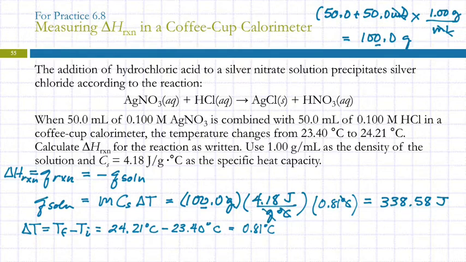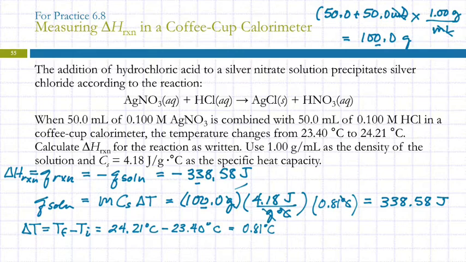So that is the amount of energy released, because this was absorbed by the solution, so that's the amount of energy released by the reaction. So Q reaction equals negative 338.58 joules.